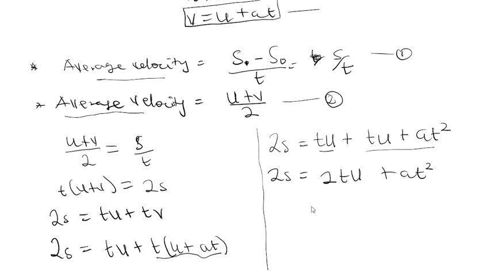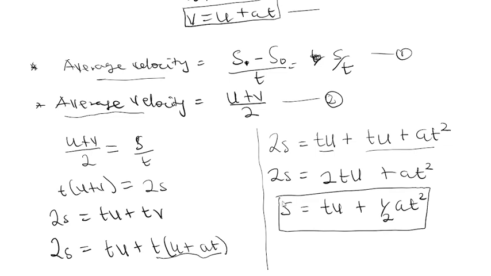Now let's divide through by 2. This is going to give us s equal to tu plus 1 on 2 at squared. And this happens to be the second equation of motion.